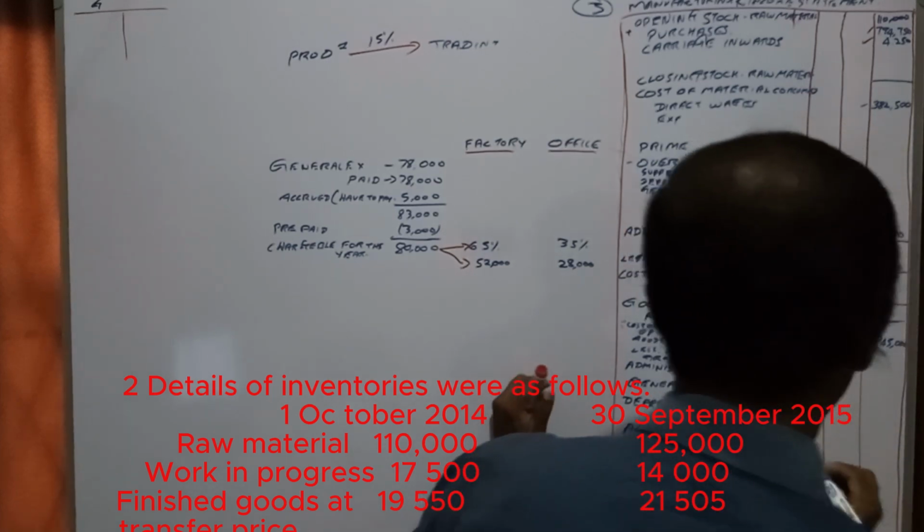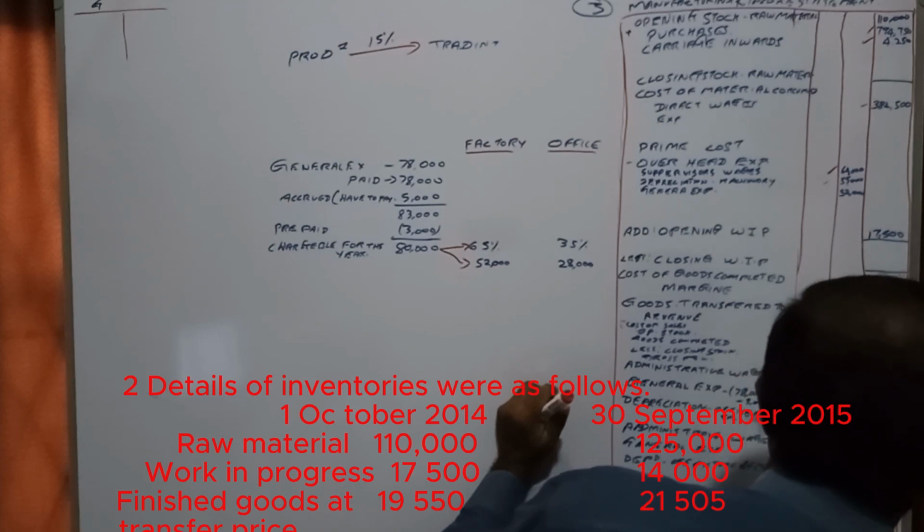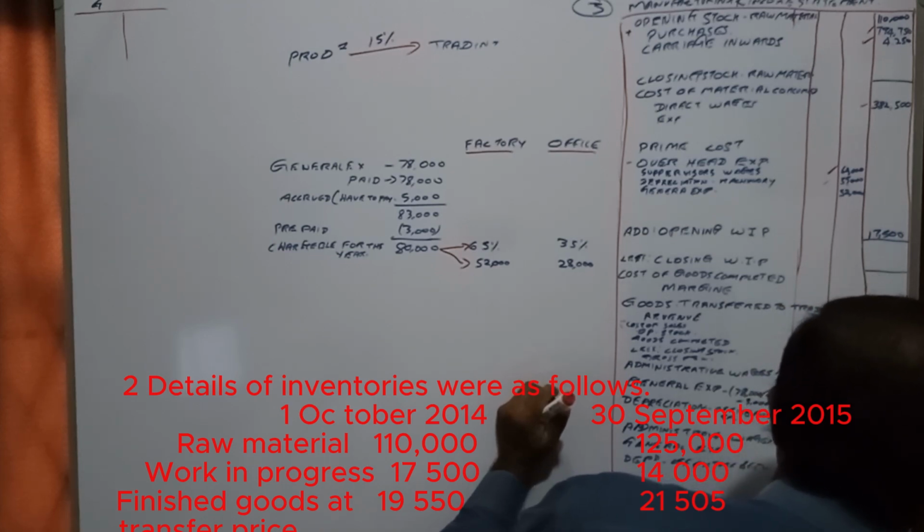This is 115,000, this is 28,000, this is 37,500.